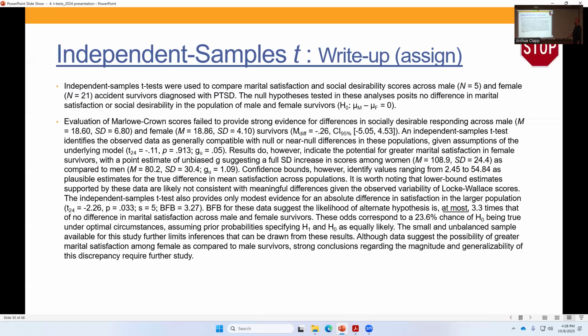The independent sample t-test also provides only modest evidence for an absolute difference in satisfaction in the larger population, right? So if I'm looking at my S-value and my Bayes factor, thinking about these as strength of evidence: yes, I should have crossed the 0.05 line, but basically what this is saying is that the evidence against the null model is similar to getting 5 consecutive heads on a hypothesized fair coin, right?